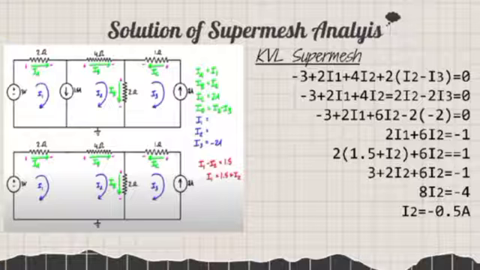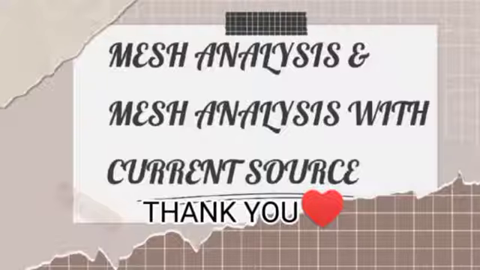So I1 is equal to 1.5A minus 0.5A. So I1 is equal to 1 ampere. So that's all from our group, presenting mesh analysis and mesh analysis with current source.